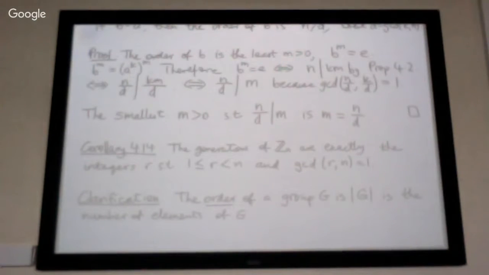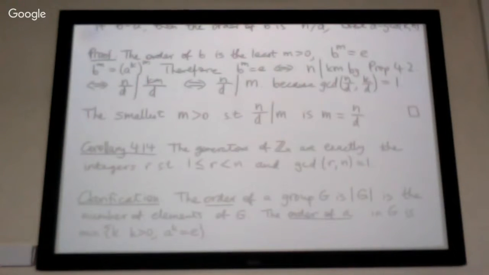That's one definition. And then the order of an element a in a group G is the minimum of all the k's which are greater than 0 such that a to the k is the identity.